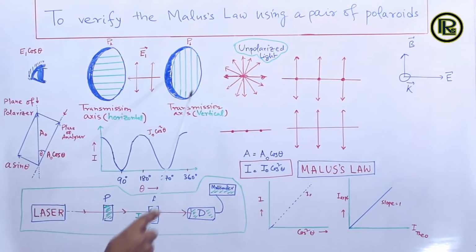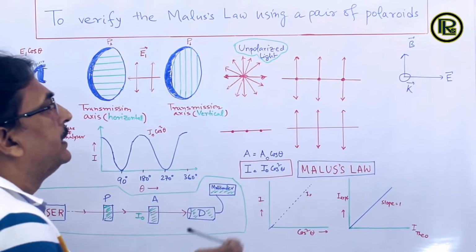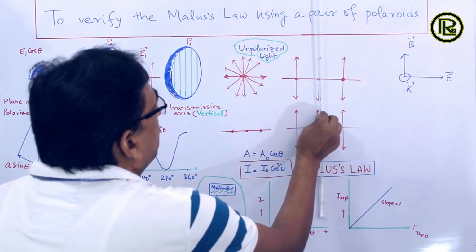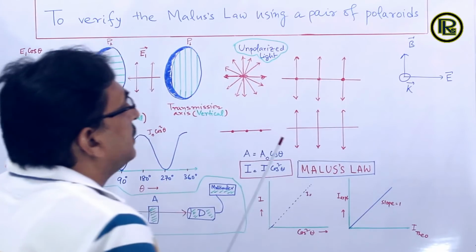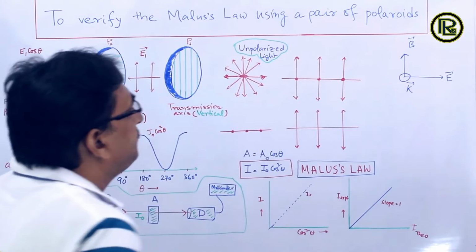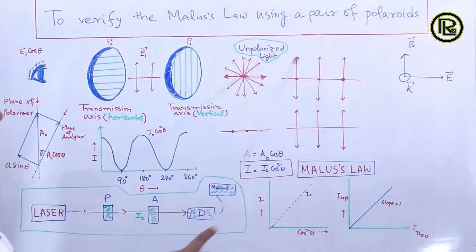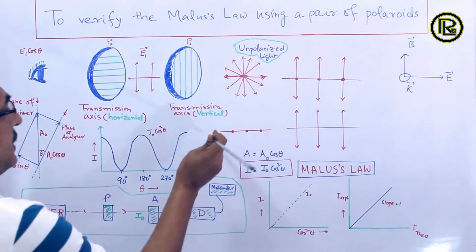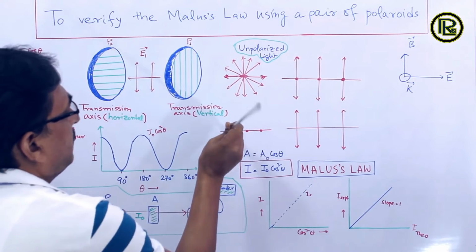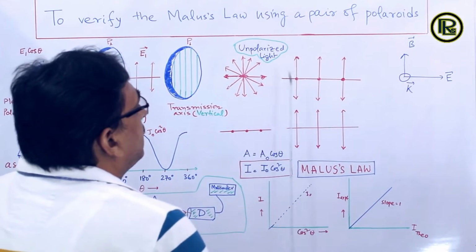And this vibration can be resolved into two independent rectangular directions. One is along this direction and the other one is along this direction. So we have two components perpendicular to each other. And here I have shown the two components separately. So in this figure is the oscillation of the electric field, and here this vibration of the electric field is shown.